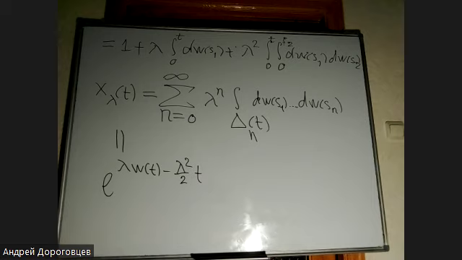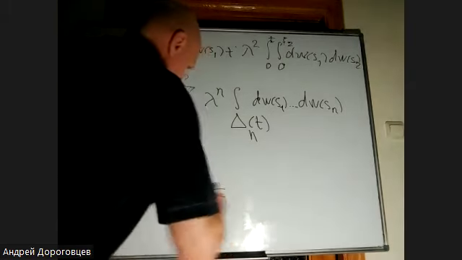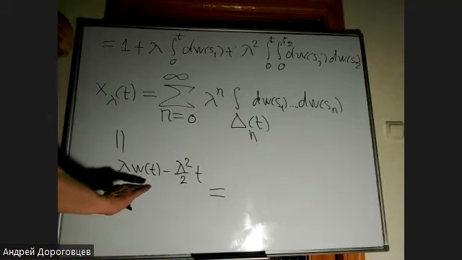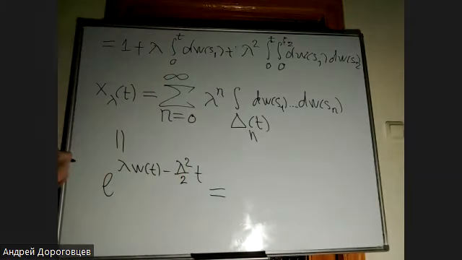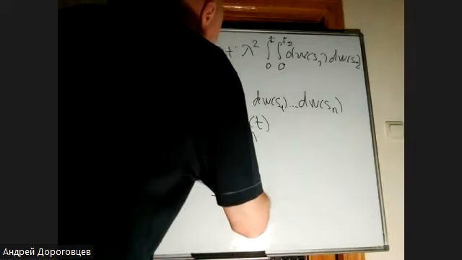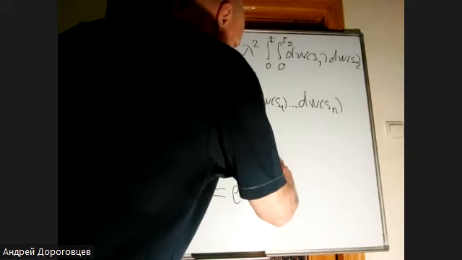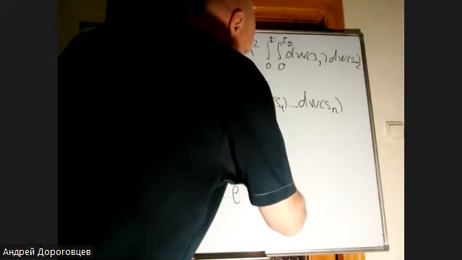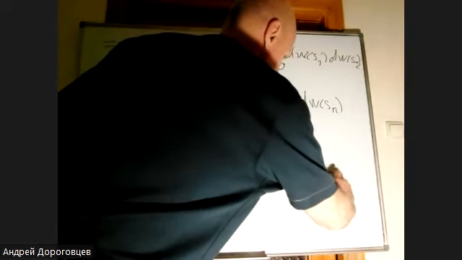In order to get the real generating function for Hermite polynomials, we have to make a trick which we already did. I will divide here by the square root of t and multiply. So we have the following: e to the power lambda square root of t, here W t divided by square root of t, and minus 1/2 lambda square root of t in square.